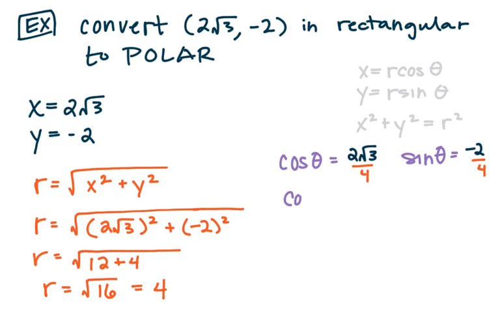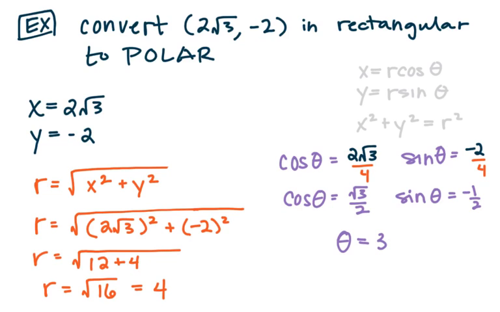Simplifying, cosine theta is root 3 over 2, and sine theta is negative 1/2. So I know this occurs on the unit circle at 30 degrees. Since sine is negative, this is 30 degrees in quadrant 4, or 330 degrees.